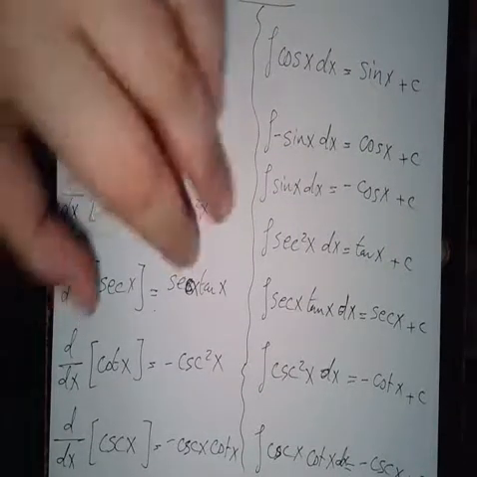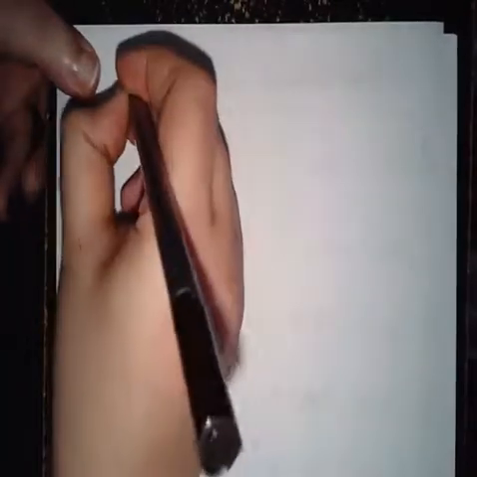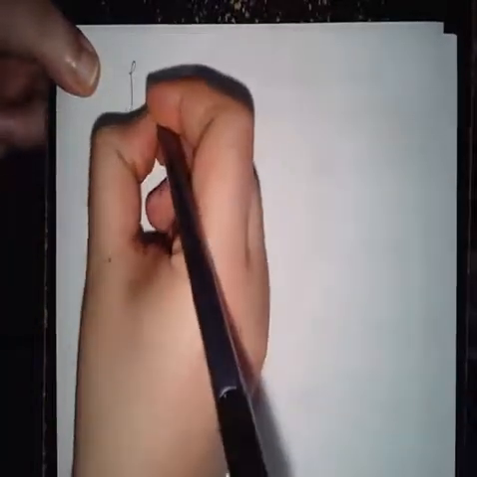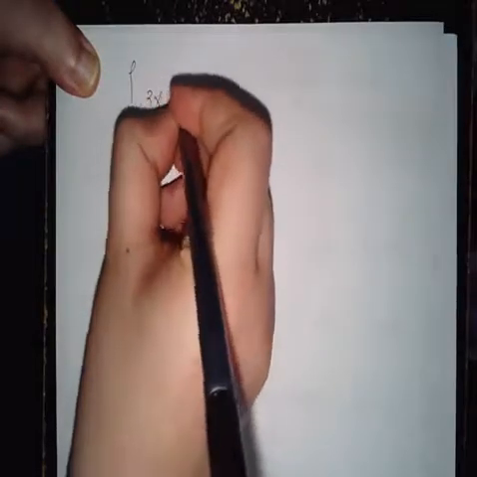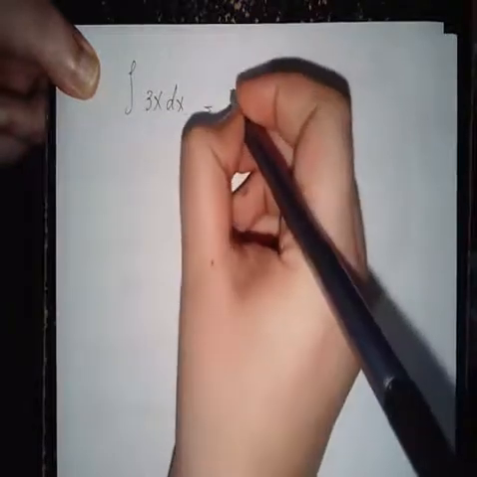now that we have all these rules down, let's actually get to the part where we solve a few problems. Yeah, here we go. So let's do this one. Integral 3x dx, and it equals 3.